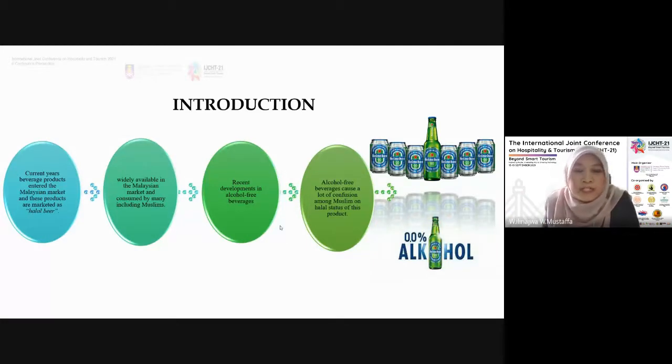So the first is the introduction. Food and beverage products are often involved with fast-paced innovation, and innovation has often become a game changer for food manufacturers. Recent developments in alcohol-free beverages have heightened the need for rigorous research on the impacts on the Malaysian halal market.